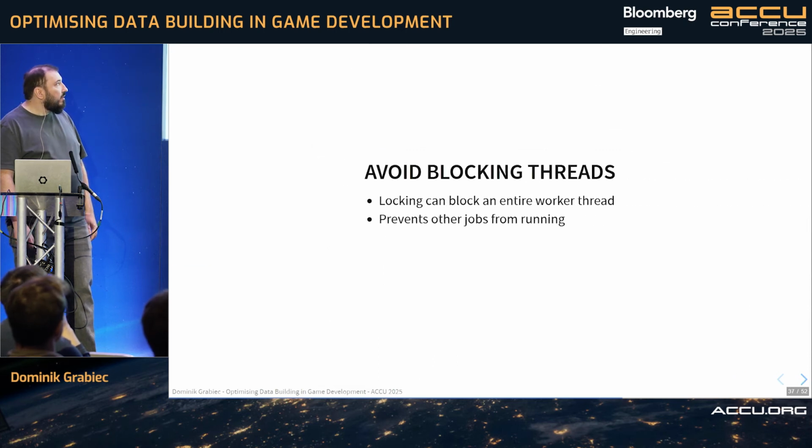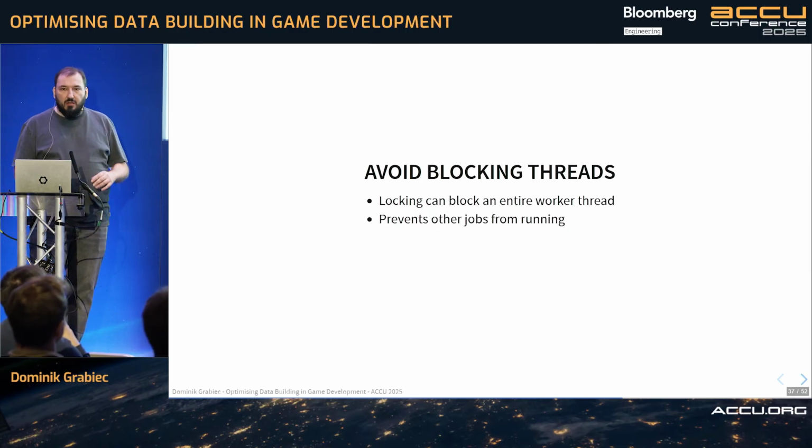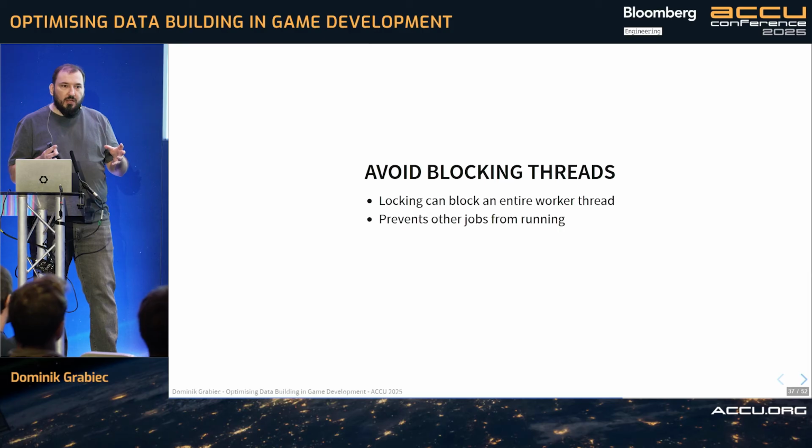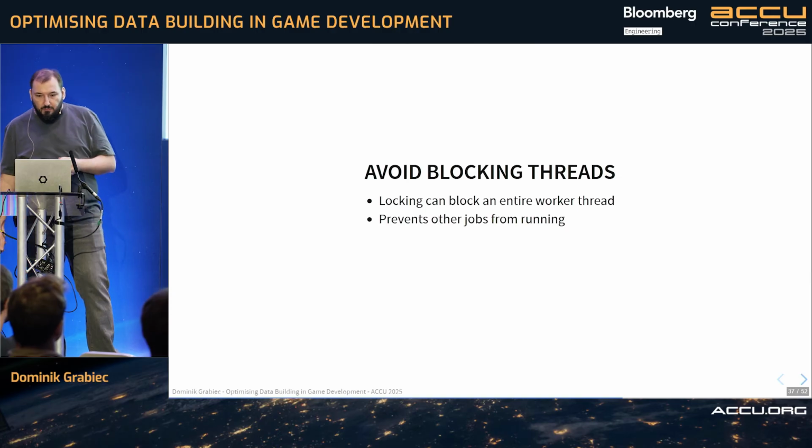And so the next section is about building to try and avoid blocking any threads. With a job-based build system, you're running on a thread pool, and if any job uses some sort of mutex or blocking IO or spin lock, it can end up blocking that entire thread and no other job can run on it.